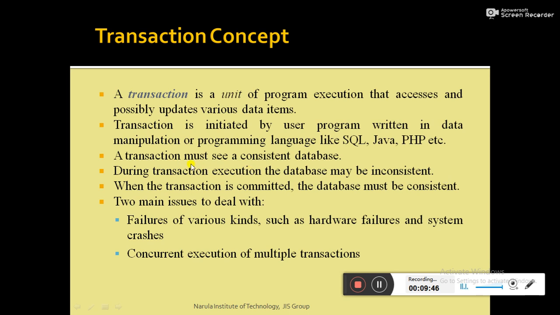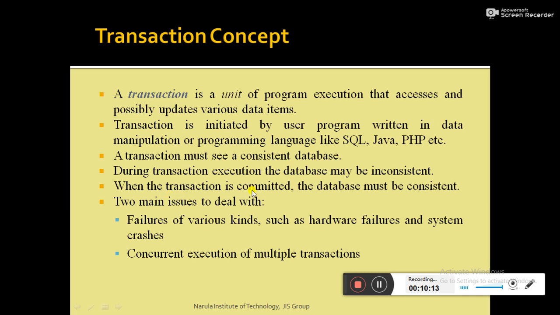But once the transaction execution completes successfully, the database must be in consistent state. Temporarily during execution time it may be in inconsistent state, but once it completes its execution, the system must be in consistent state. So these two things I will discuss later in this lecture.